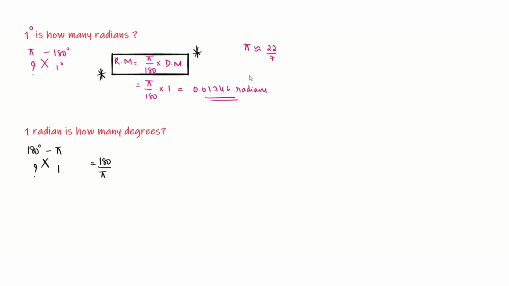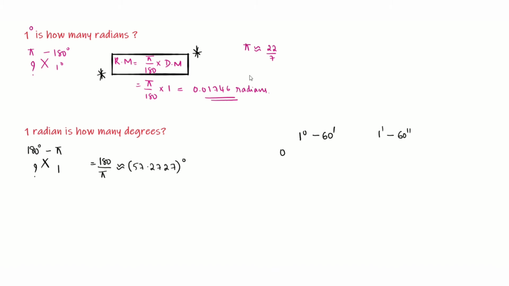Substituting the value of pi as approximately equal to 22 by 7, our answer will approximately be equal to 57.2727 degrees. We know that 1 degree is further divided into 60 minutes and 1 minute is further divided into 60 seconds.